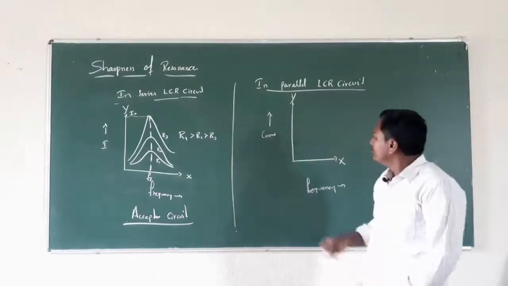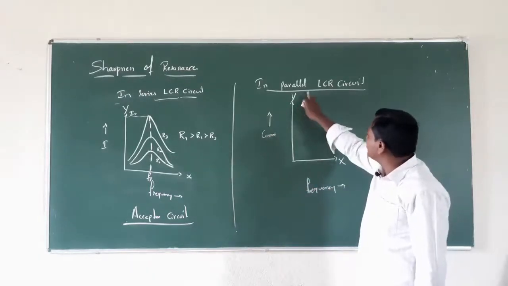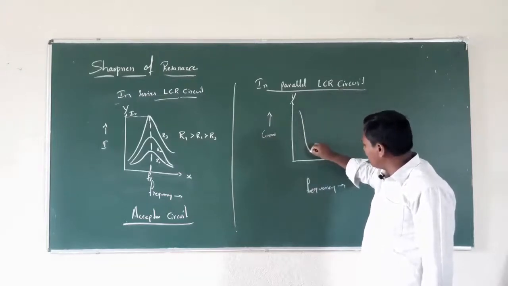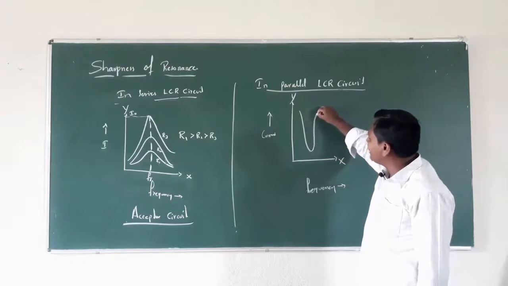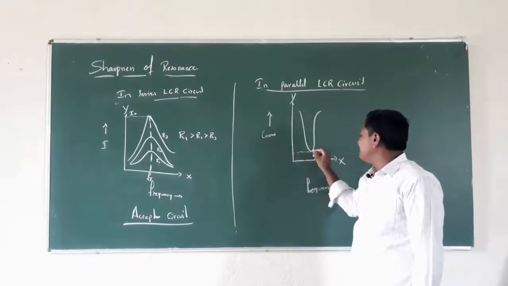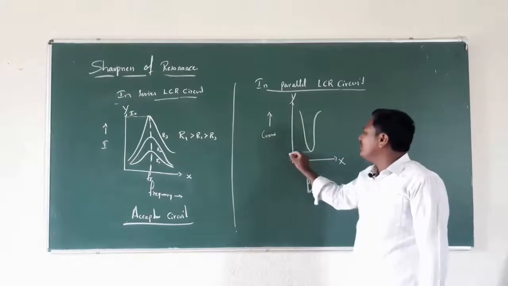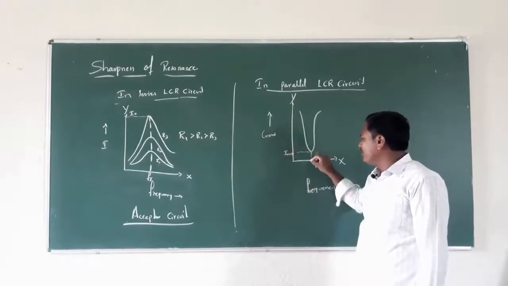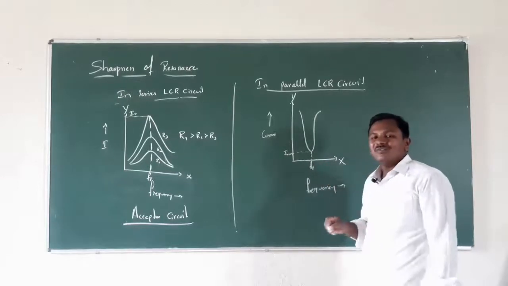So, here in case of a parallel LCR circuit, the current decreases and it reaches a minimum value and then again the current increases. Therefore, this value represents the minimum value that we can call I minimum, the minimum value for the resonant frequency.